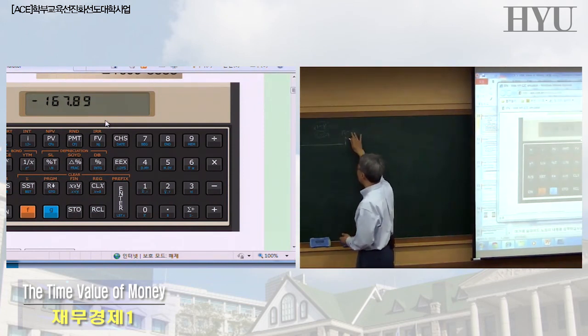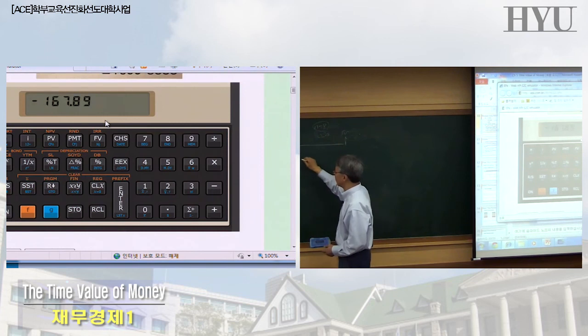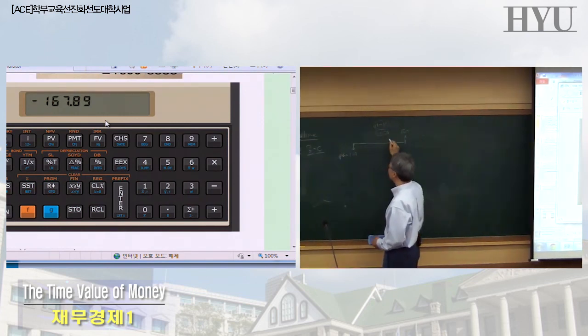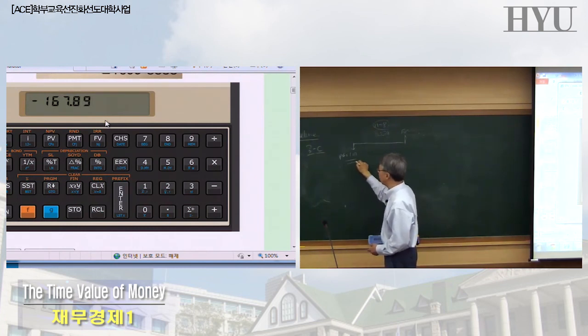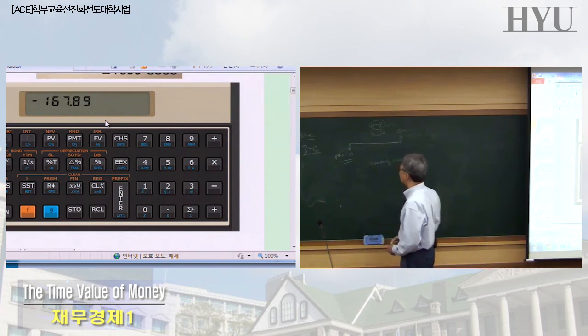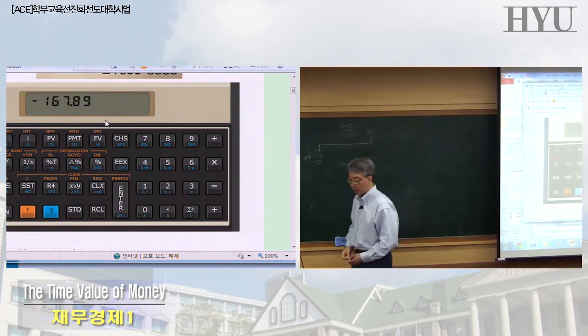So why don't you calculate the future value in this question? Present value is 100. The second time, the same thing, present value of 100, but instead of annual compounding, use quarterly compounding, right? Can you do that quickly?